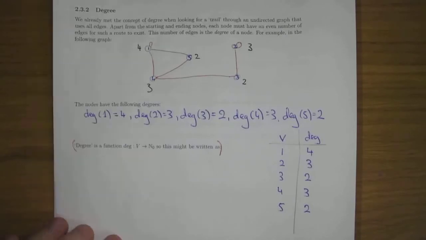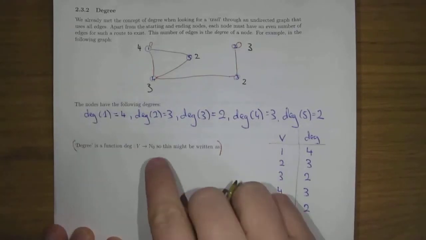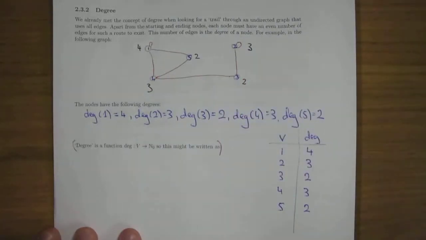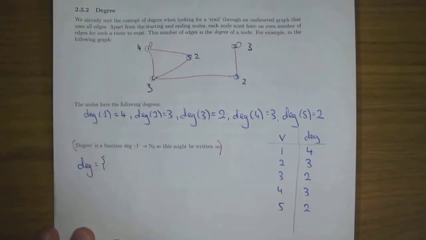So it's just another way of writing it. You can do it as a relation between V and N0. And you include the 0 because you could have a node with no edges on it. It would have a degree of 0. Another way of writing is with ordered pairs. We'll see this a little later.